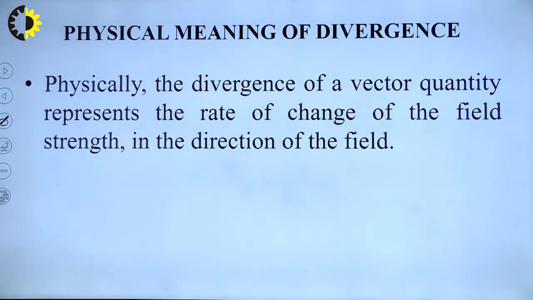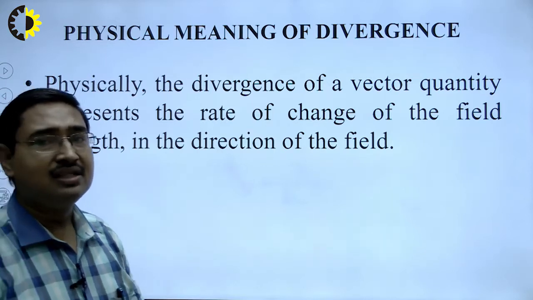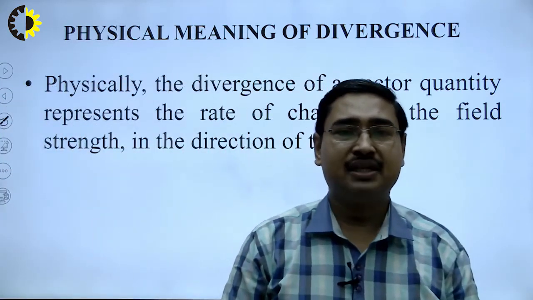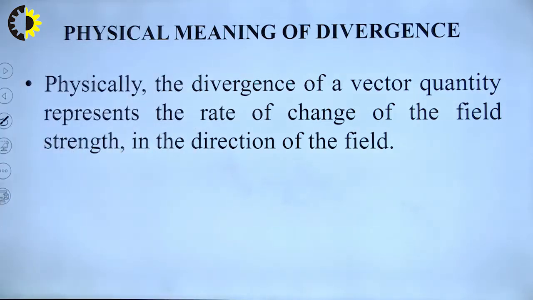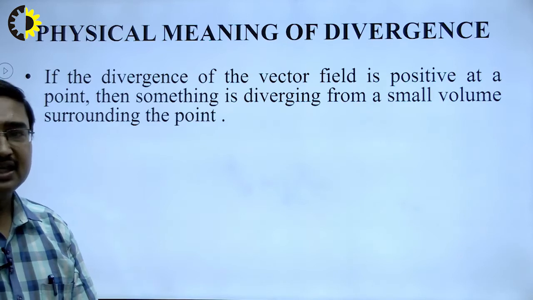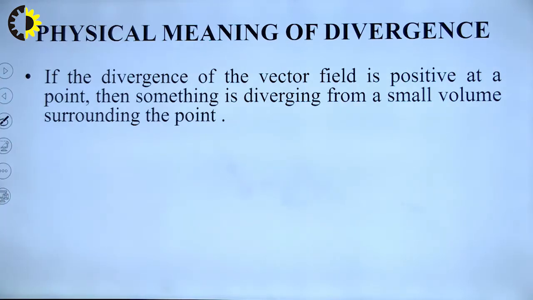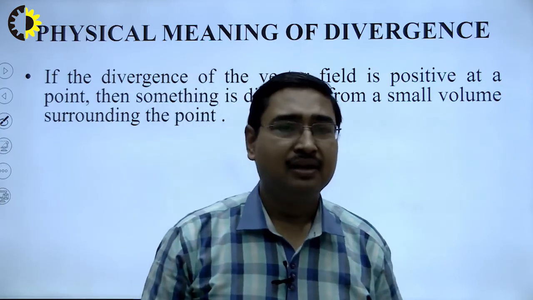Now we take what is the physical meaning of divergence. Physically, the divergence of a vector quantity represents the rate of change of the field strength in the direction of the field. If the divergence of the vector field is positive at a point, it means something is diverging from a small volume surrounding that point.